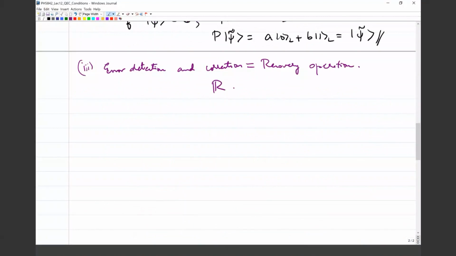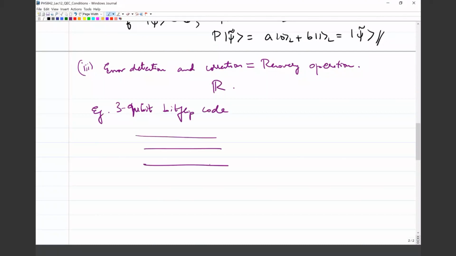So if you look at what we did for the bit flip code, you have your 3 data qubits. So this could be some encoded state with error probably, right? So what do we do to this? The way we drew the circuit is to say that we are going to now do these C naughts, right?